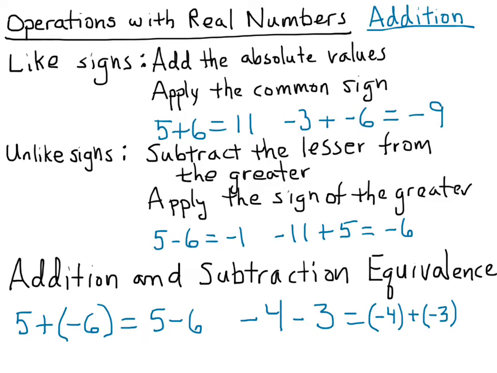Put things in parentheses. It'll really help you keep these signs straight. And so going from, let's say, negative 4 minus negative 3, the right-hand side of that, the negative 4 plus negative 3, that may be what you're putting in an equation. Then you use the next line to simplify that into the operation on the left side.